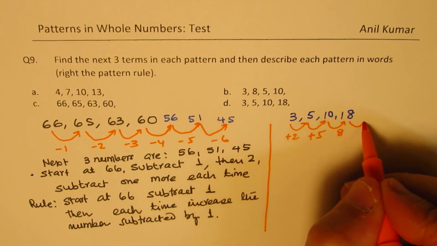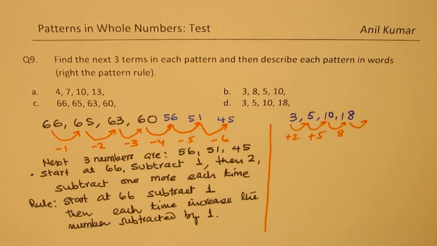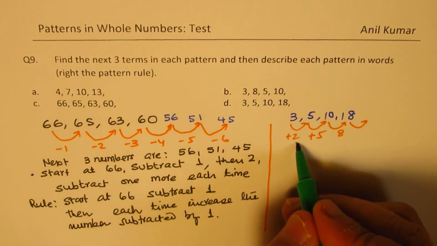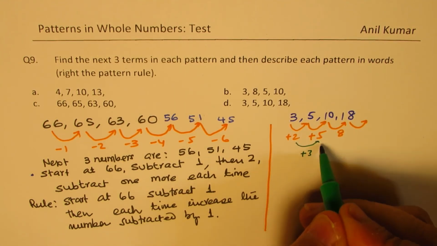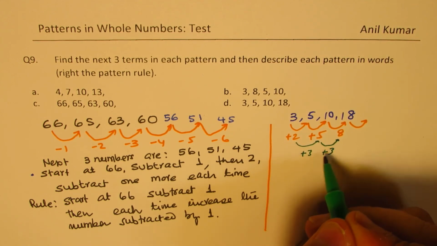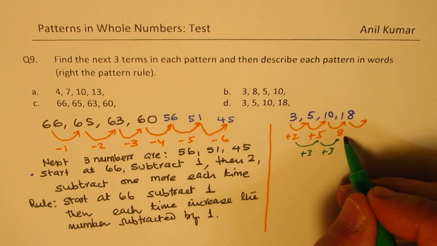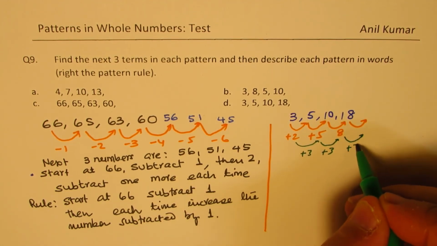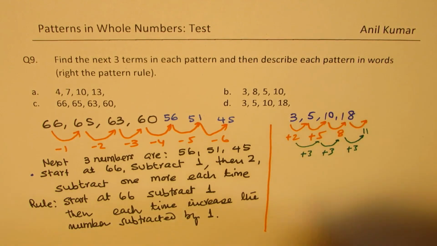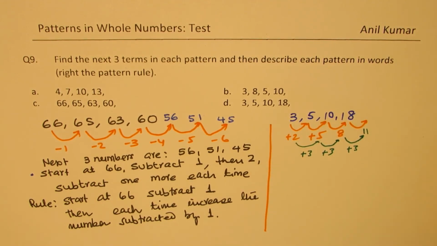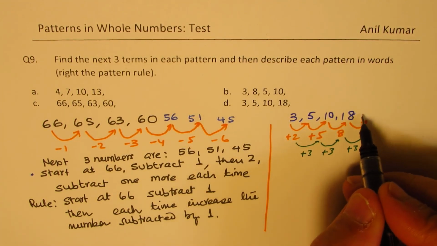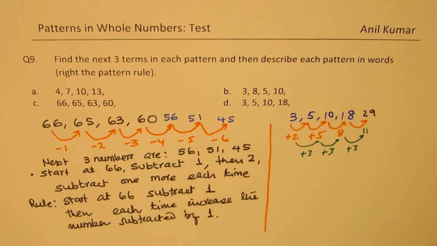So this time, what we observe here is that we are adding 3 more each time, right? So you see, it is increasing by 3 more each time. So if you go with this kind of a thing, then next time we have to add what? 11, right? So if you add 11 to 18, you get 29, right?